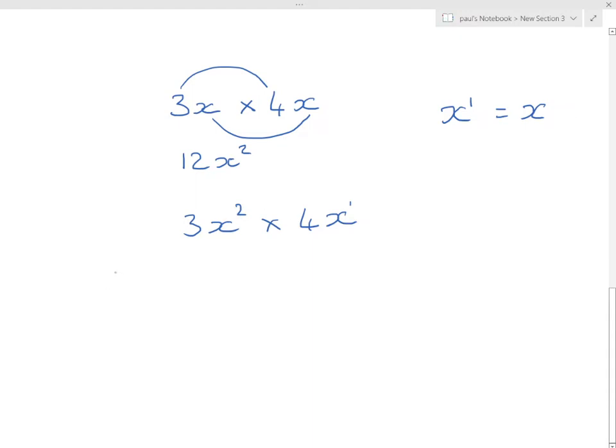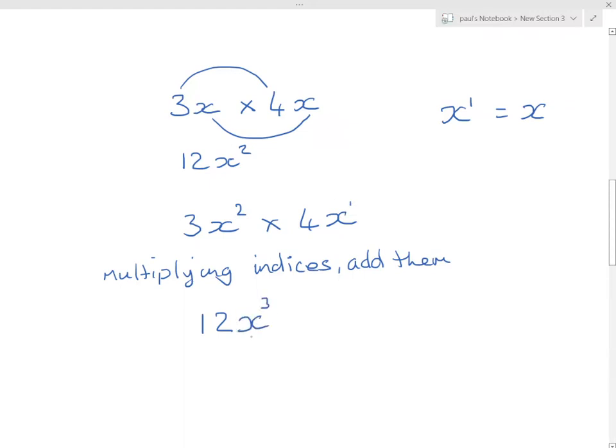So when you're multiplying things with indices, that's the squared, the cube, to the power of 4, to the power of 1, to the power of anything, you add them. So this, we're going to do 3 times 4, which is 12, x to the 2 times x to the 1 will be x to the 3.